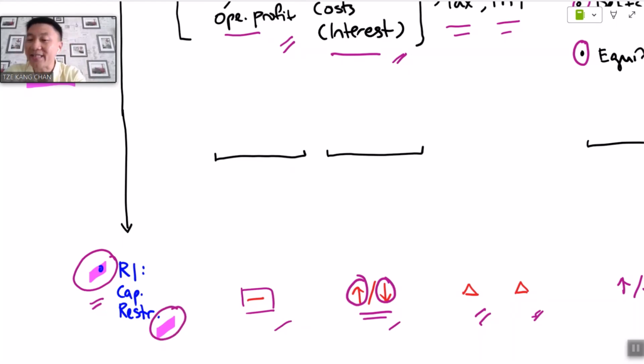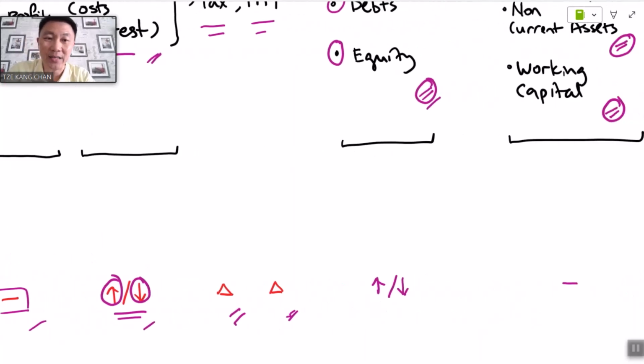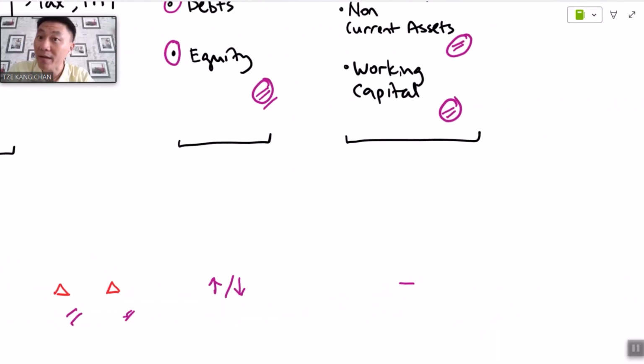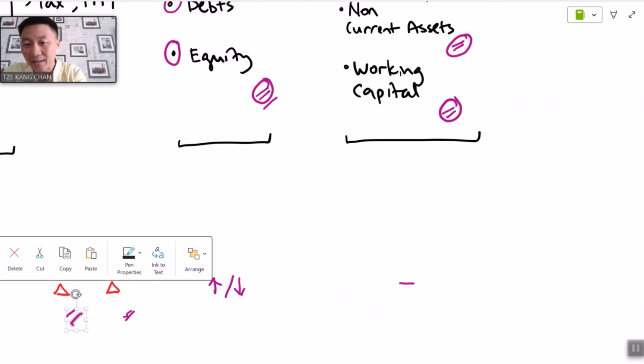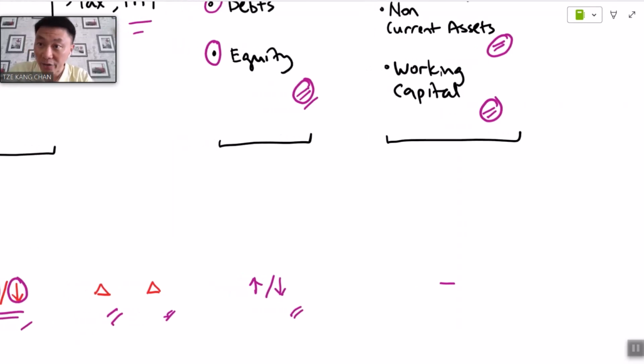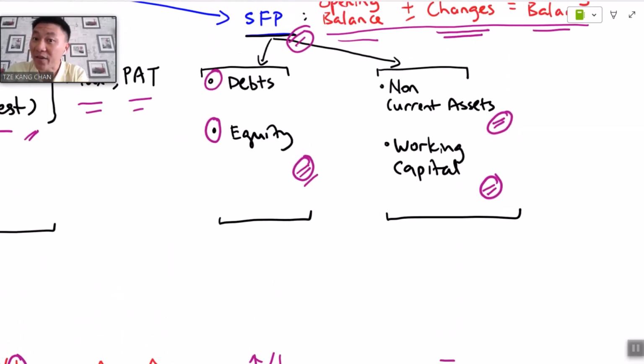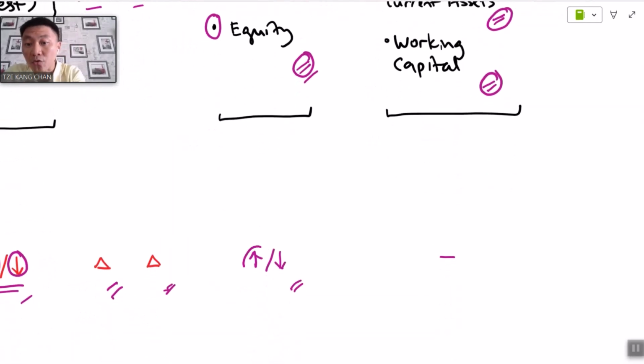How would these R1s affect the statement of financial position? Again, as long as there is a change in the long-term financing, whether there is an increase or decrease in capital or equity, you will just have to make the relevant adjustment accordingly.